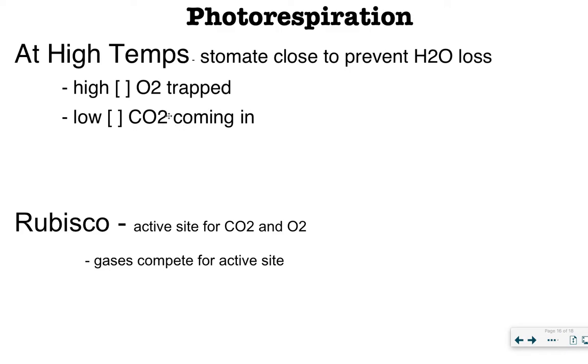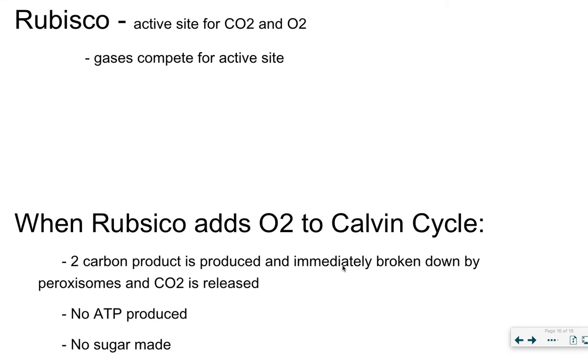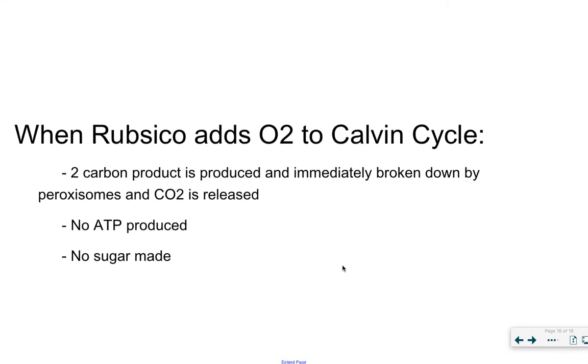But when CO2 levels are very low, oxygen will more often interact with the rubisco, and in doing so will lead to additional problems. When rubisco adds oxygen, glucose is not produced. In fact, a 2-carbon product is produced that does not provide the cell any useful inputs into cellular respiration like glucose does.